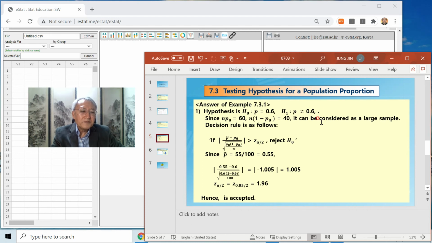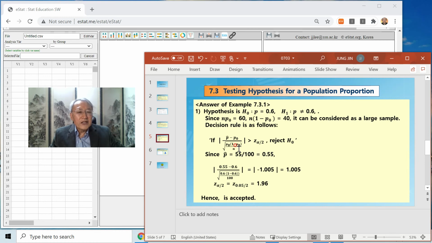Therefore, you need to check whether this value satisfies the normality approximation. Yes, if it is greater than 5, you can apply the normal approximation. Then standardize P hat, meaning subtract P0. P0 is 0.6. Plug in 0.6 here for the standard error estimation.